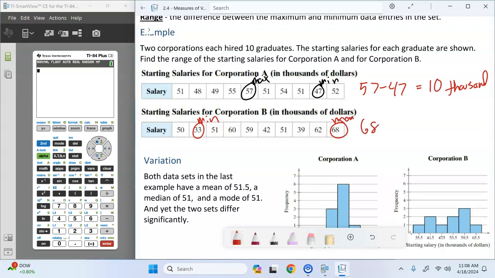Okay, 68 less 33 gives us a range of $35,000 in the salaries.